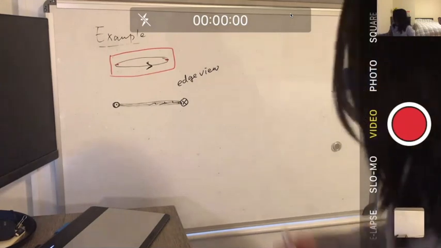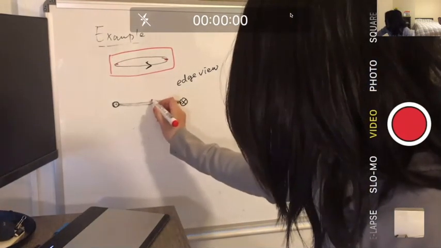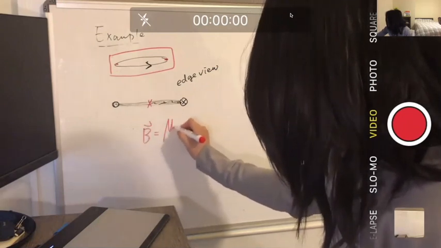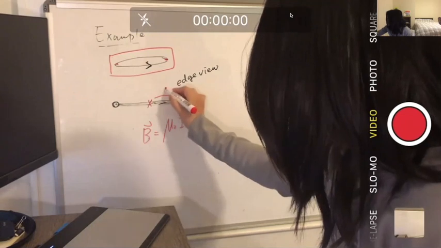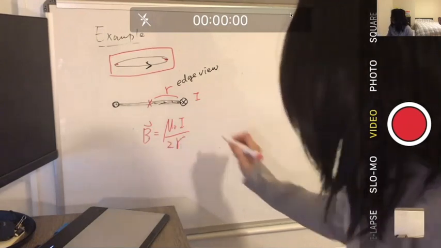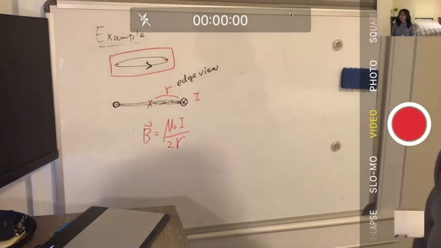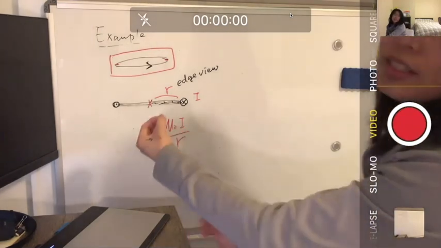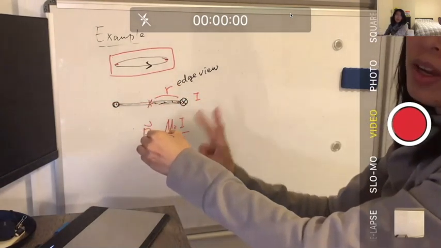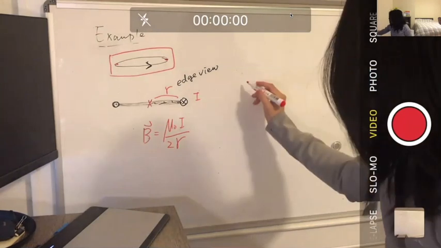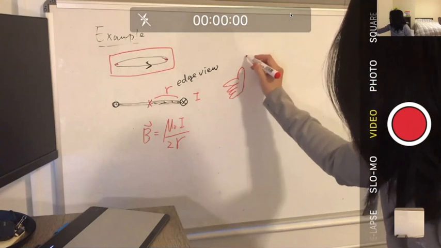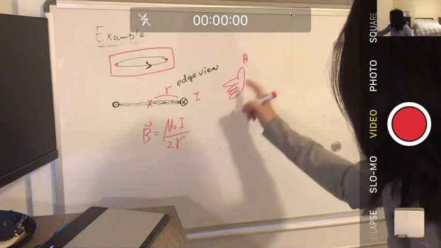Now my question is, what's the magnetic field at the center? From this equation, I know it's going to be mu naught I over 2R, where R is the radius and the current is I. And how about the direction? The ring is this, and the current is going this way. Now I'm going to use right-hand rule 2: your thumb is the field, your fingers are the current.